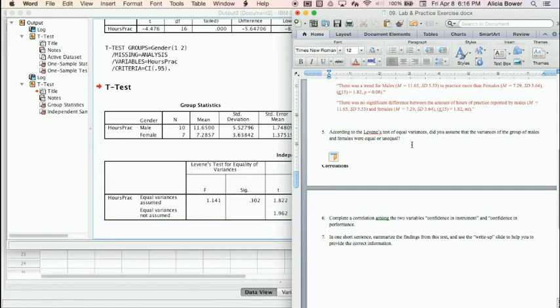And it was not. So I would just say that I assumed the variances of each group were roughly equal because Levene's test was not significant.